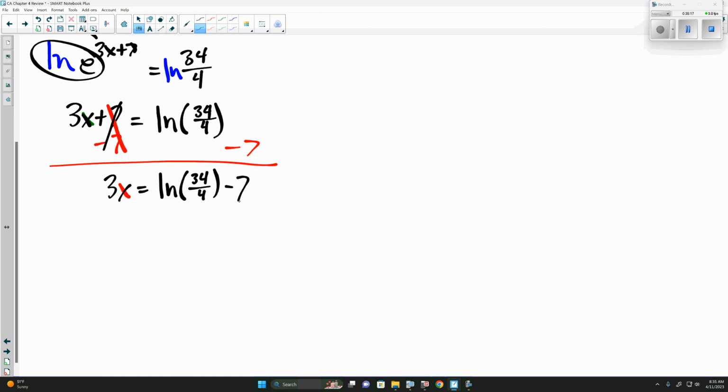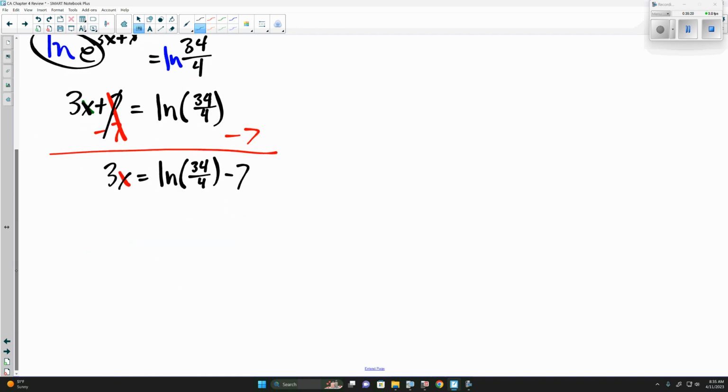And last but not least, we're going to divide both sides by 3, telling us x is equal to ln of 34 over 4 minus 7 divided by 3.